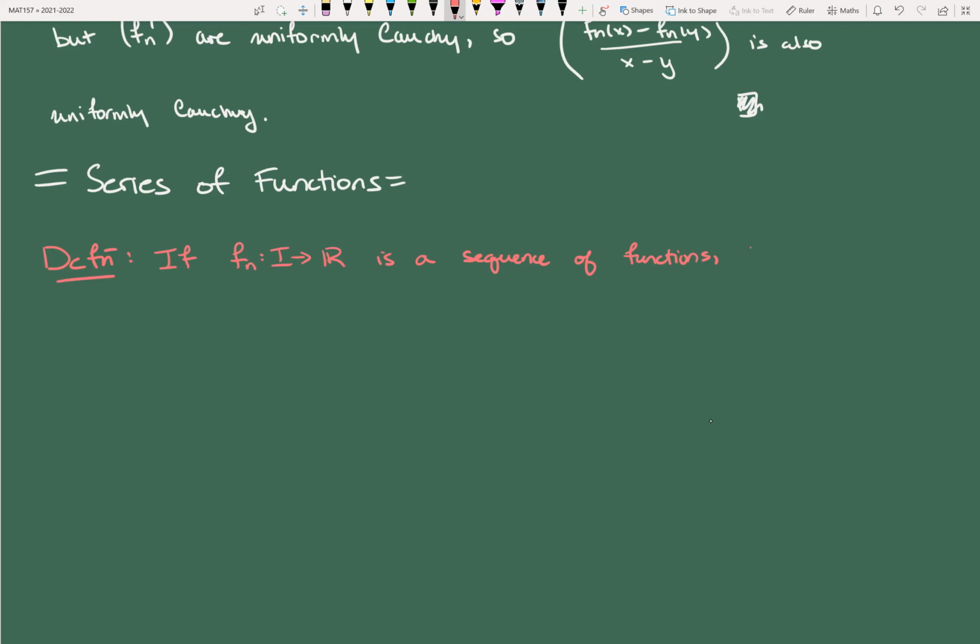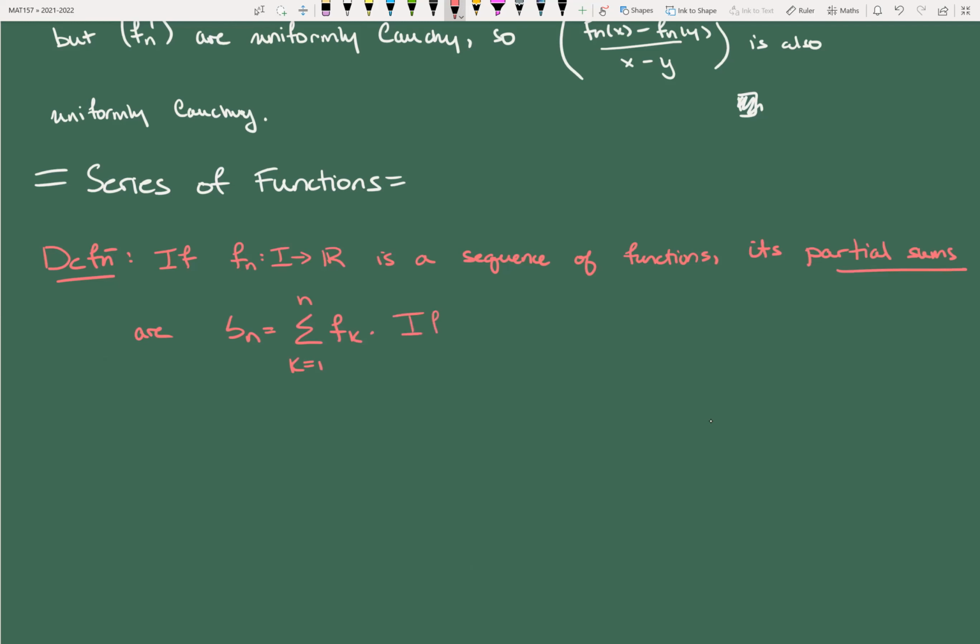So its partial sums are Sn is the sum from k equals 1 to n of fk, like this, okay? So now we will say that this converges uniformly if the partial sums converge to something uniformly, and it converges pointwise if they converge to something pointwise.